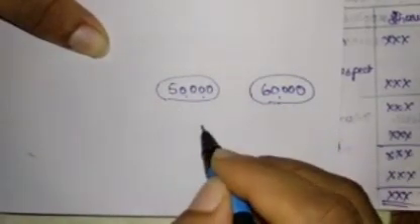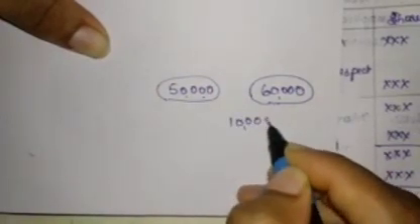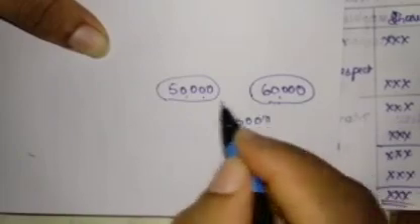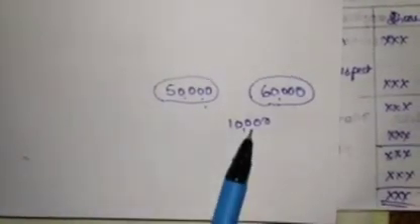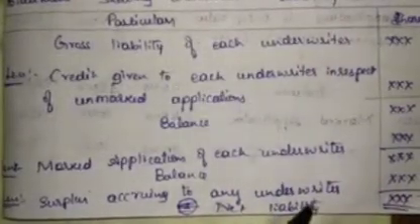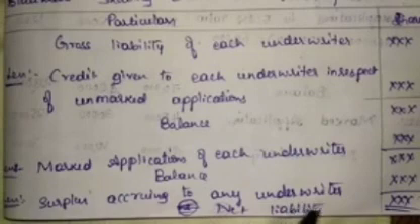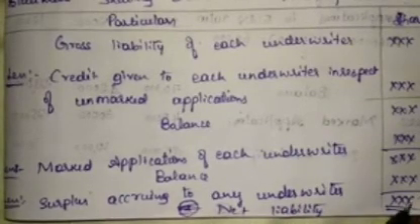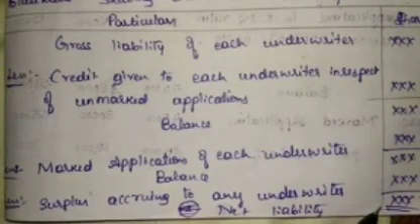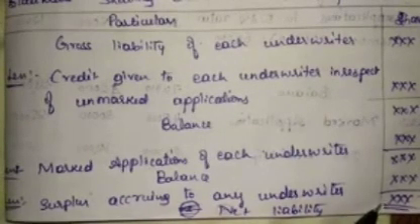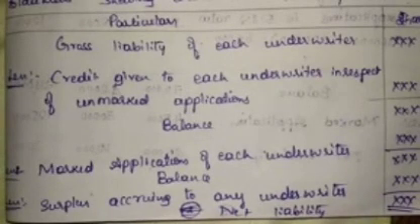At that time he has a surplus, that means an extra 10,000 applications have come through a single underwriter. So that is the surplus. This surplus we have to share among the remaining underwriters. That is the surplus accruing to any underwriter. By deducting that, we'll get the net liability, that is the number of shares required to be taken up by the underwriters. Okay, we'll see this with an example.